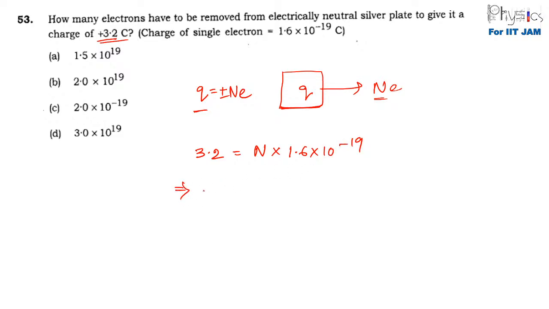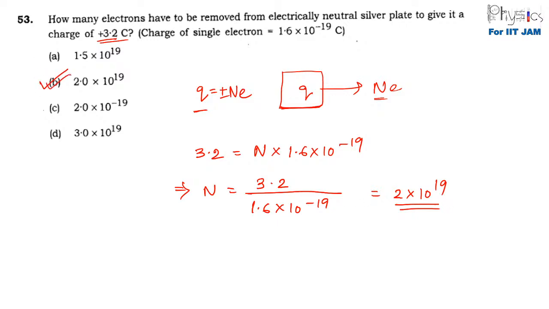So we have N equal to 3.2 divided by 1.6 times 10 to the power minus 19, that is 2 times 10 to the power 19, right? So our correct answer is option B, 2.0 into 10 to the power 19.